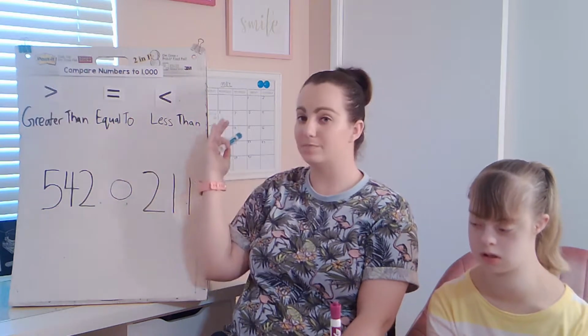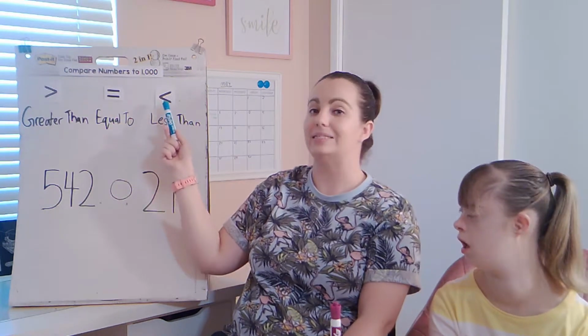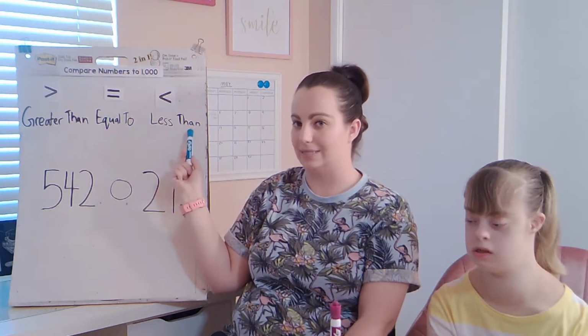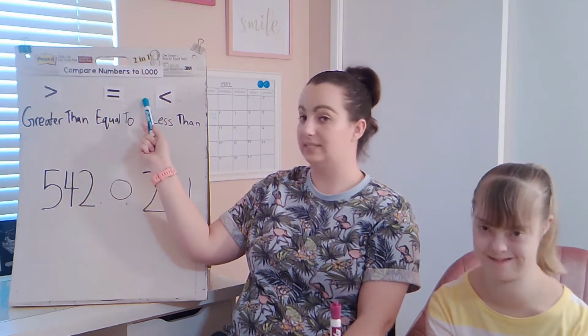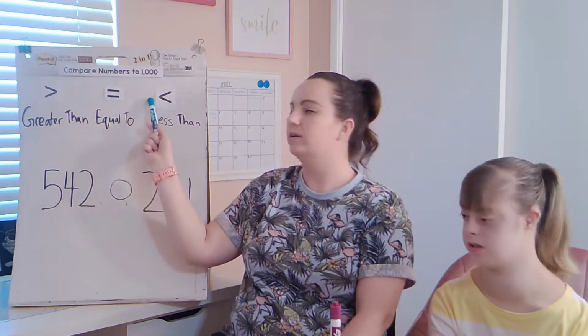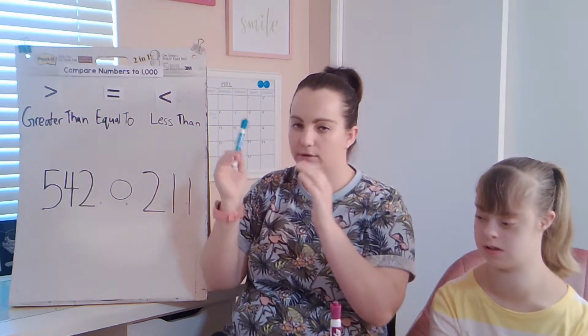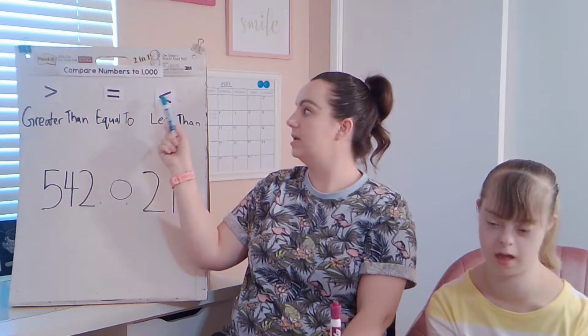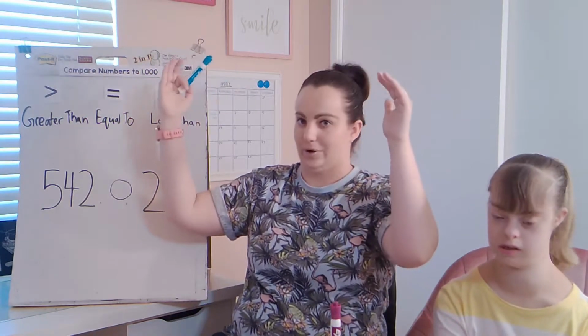It's like flip. This sign is the less than sign, meaning on this side, instead of having a bigger or greater number, you'll have a less or smaller number, less than the big number.